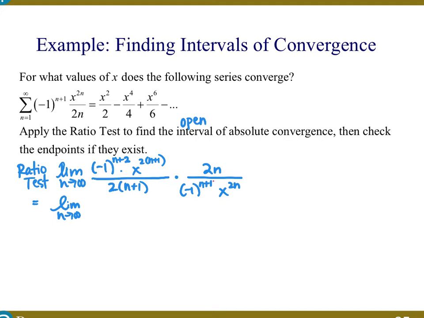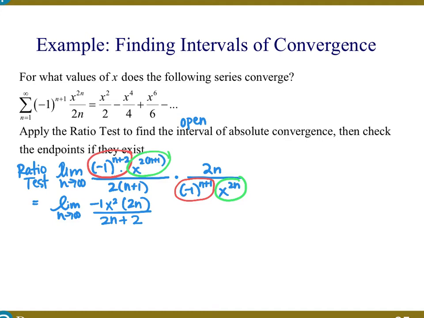Okay, when we look to reduce -1 to the n plus 1 and -1 to the n plus 2, that reduces to simply -1. When we reduce our x terms, that will leave me with x squared. And then we have the quantity 2n over the quantity 2n plus 2.